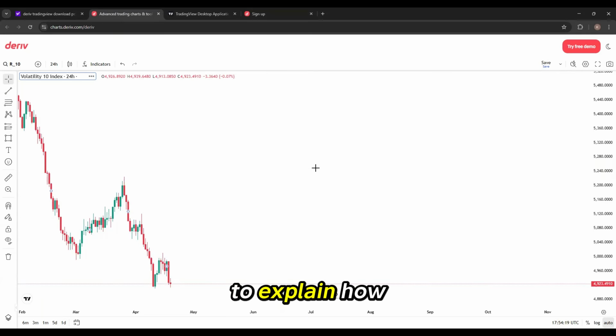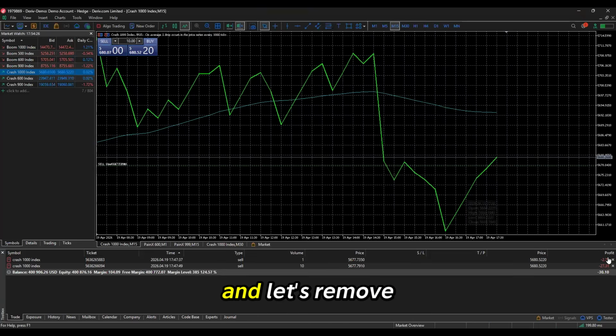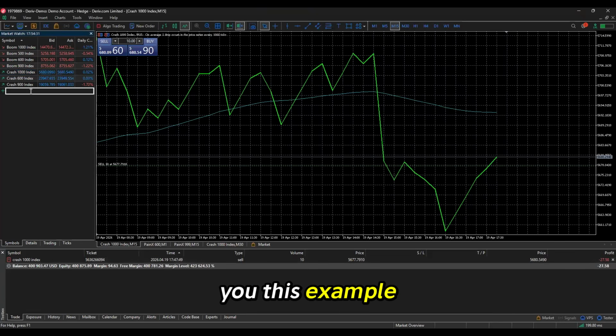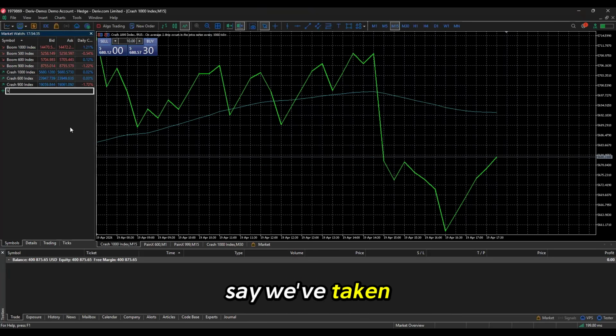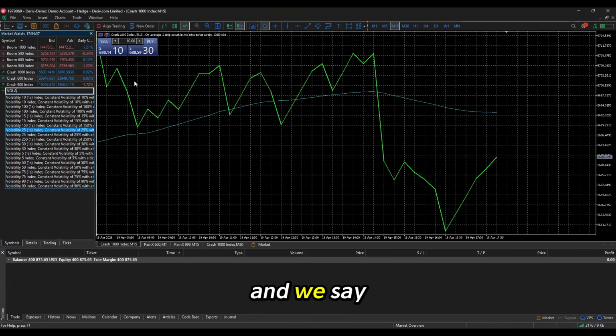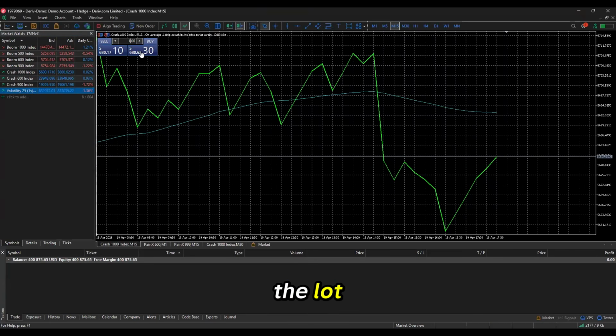To explain how volatile they are, I'll come back again to our MT5. And let's remove this. I'll show you this example over here. Right. So let's say we've taken volatility 25S and we open with one lot. I want you to see something.